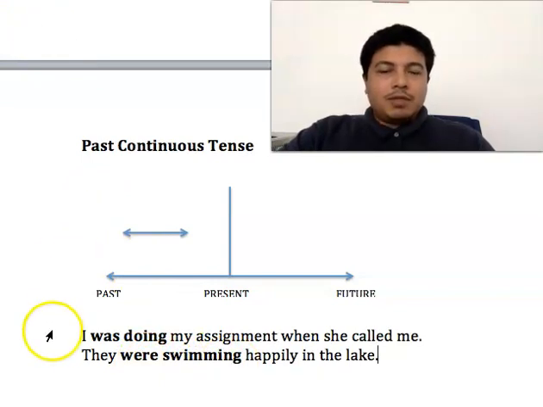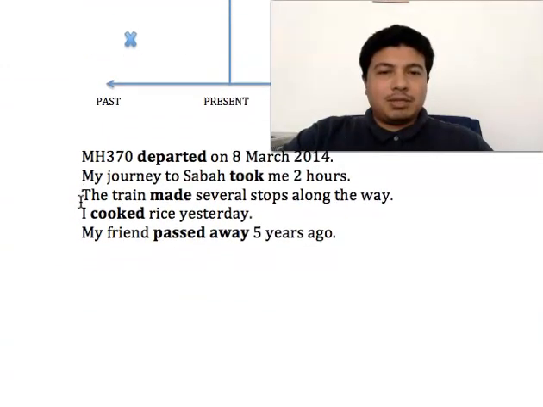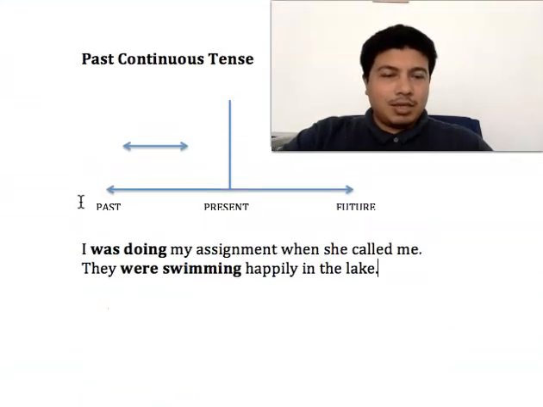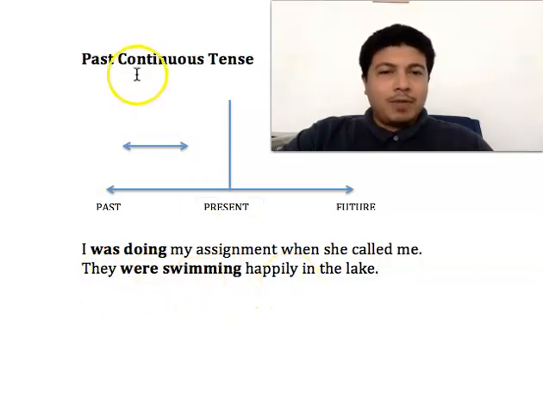So what is the difference between past continuous tense and simple past tense? You can say, and it is correct to say, I did my assignment, or they swam happily in the lake. But when you use past continuous tense, your focus would be to tell people that you were in the process of doing something, or they were in the process of swimming.